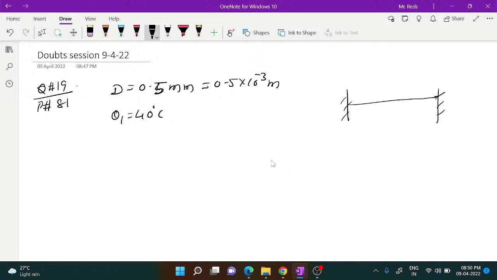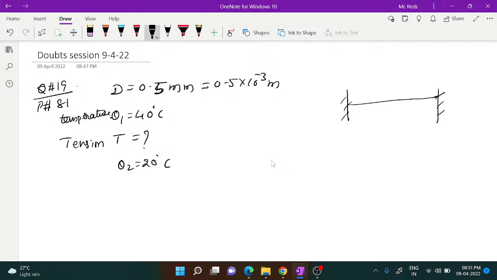Determine the tension in the wire when the temperature falls to 20 degrees Celsius, which means theta 2 is equal to 20 degrees Celsius.